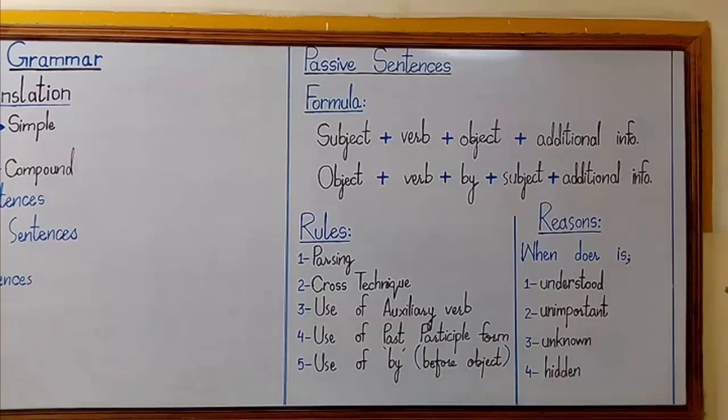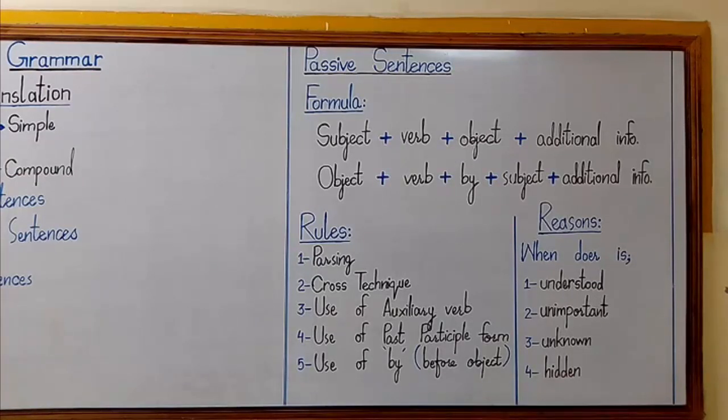I gave you the auxiliary verb of every tense; we use certain auxiliary verbs in passive voice which are different from the auxiliary verb of the active voice. Then rule number 4, we always use the past participle form of the main verb, which means the third form of the main verb. Then rule number 5, we use by as an agent before the object of the passive voice, which means the doer.